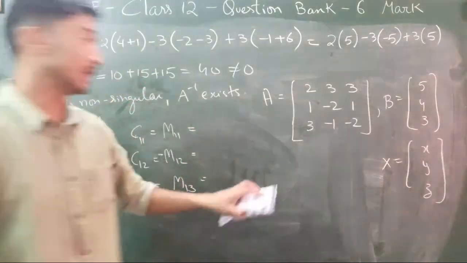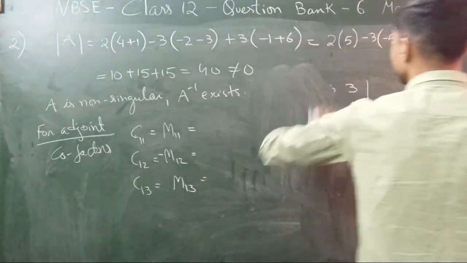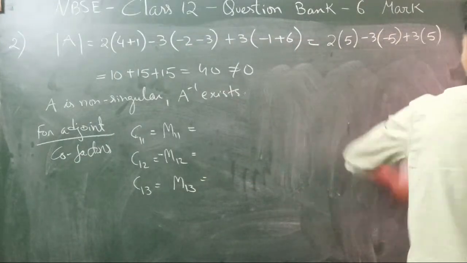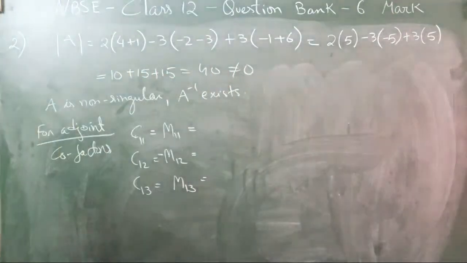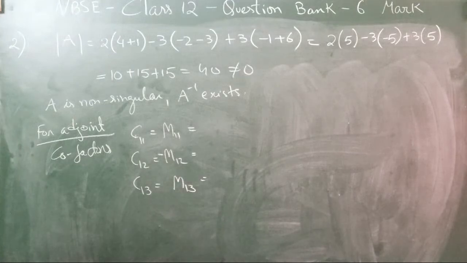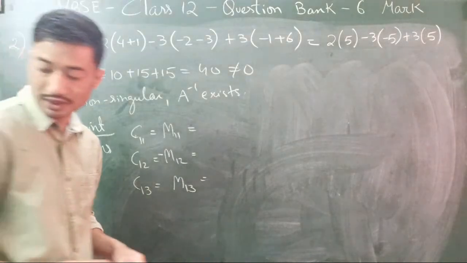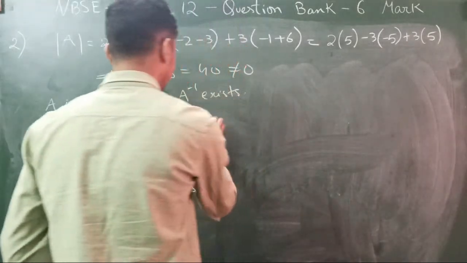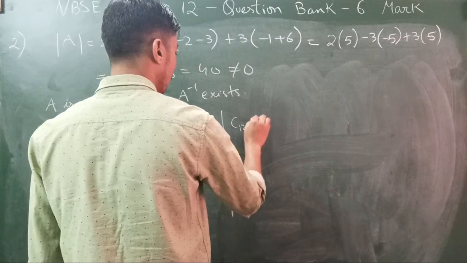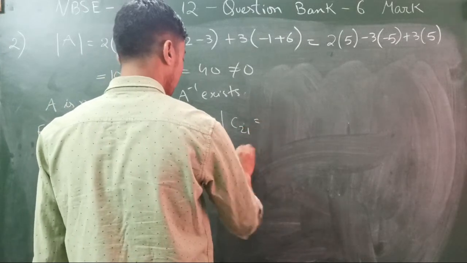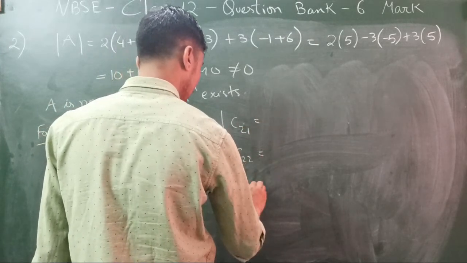First one, of course, I had to do it for you. Second one, since it's the same procedure, I have calculated it for you, so you can later just check and confirm. So this is going to be 5, 5, 5. Then C21, C22, C23.